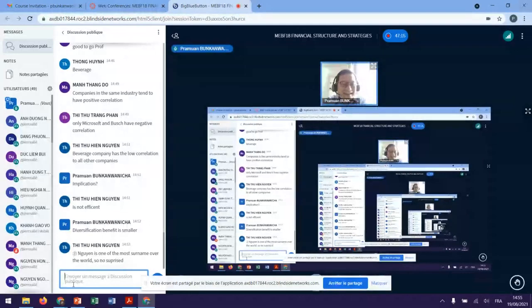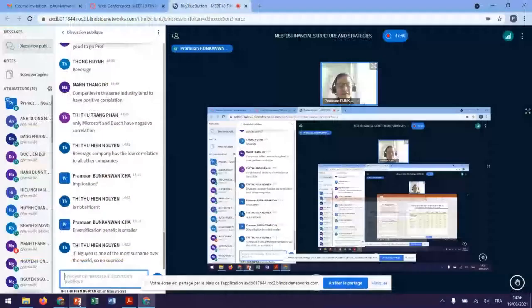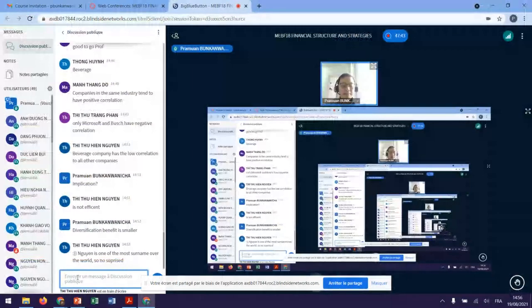So what we can see, the second observation that you have seen here, is that Anheuser-Busch has very low correlation to other stocks, which is good or bad from a diversification point of view? It is very good.